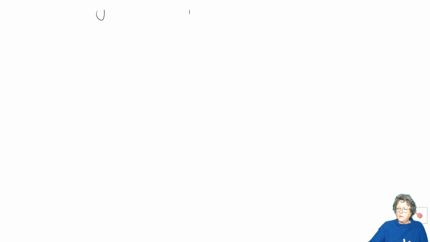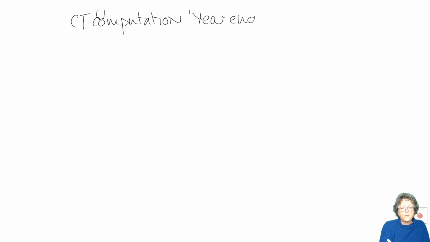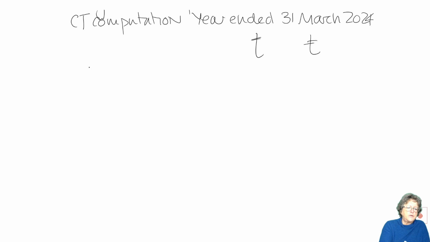Let's see if we've got some spare paper there. Yeah, we have. Okay, so it's the corporation tax computation for the year ended 31st of March 2024. So we have two columns that we need. So we're going to do tax adjusted profits. That's been done for us.